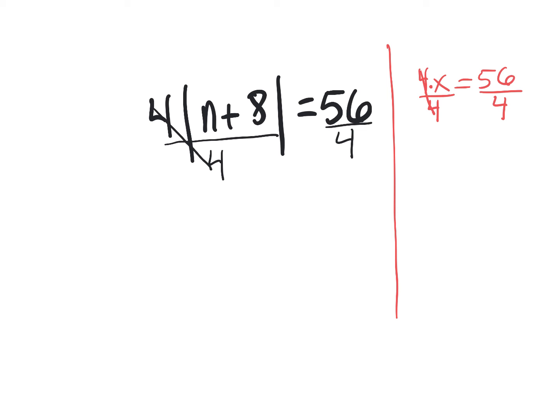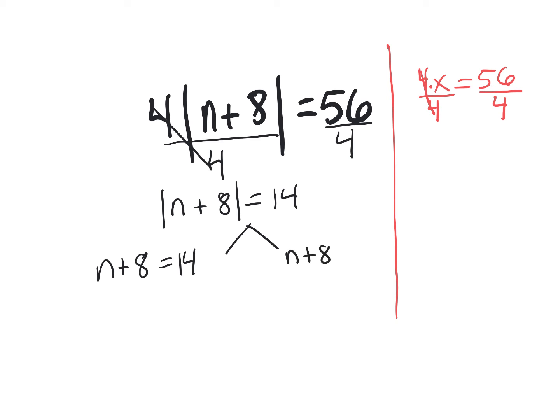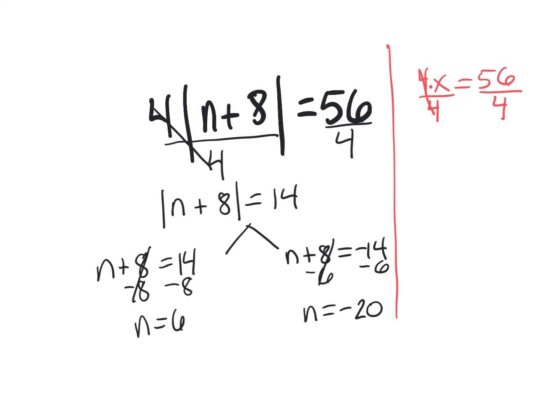So you'll have the absolute value of n plus 8 equals 14, and don't forget that's in the absolute value. So that splits into n plus 8 equals 14, or n plus 8 equals negative 14. This is a lot like the ZPP now. So you subtract, and you'll have n equals 6, subtract, and you'll have n equals negative 20.